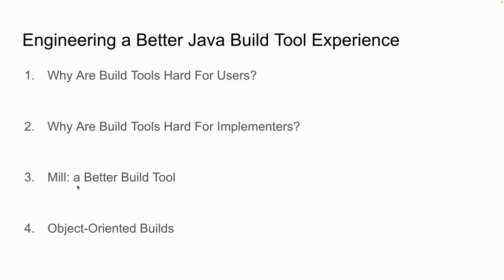We'll talk about Mill, which is one of my open source projects that tries to take steps forward in improving the Java build tool experience. And we'll talk about the idea of object-oriented builds, which is one of the key ideas that lets Mill make progress improving the Java build tool design, where other build tools have struggled in the past.